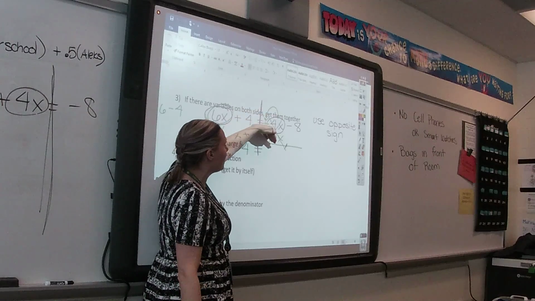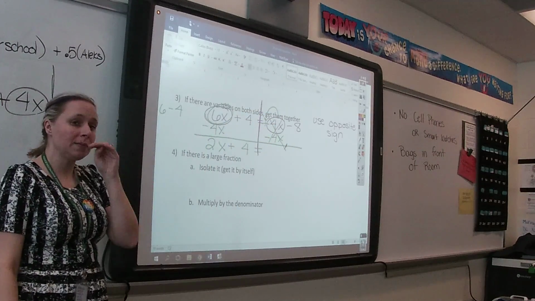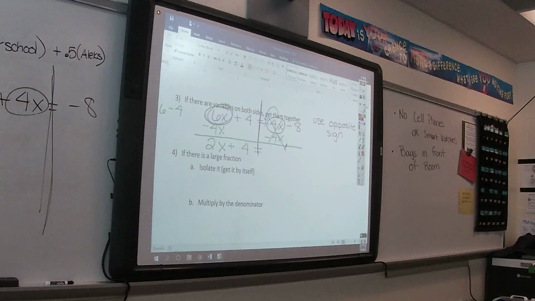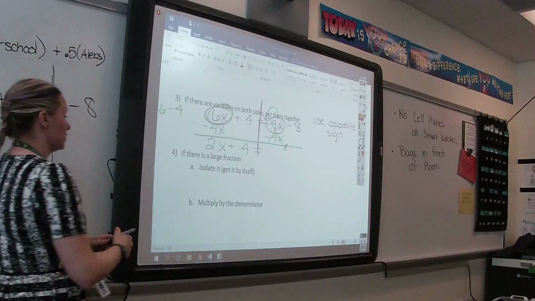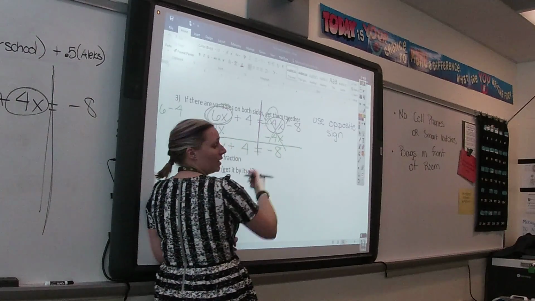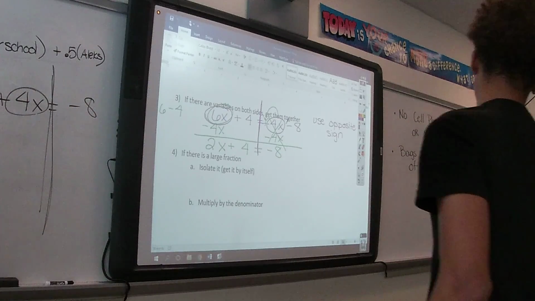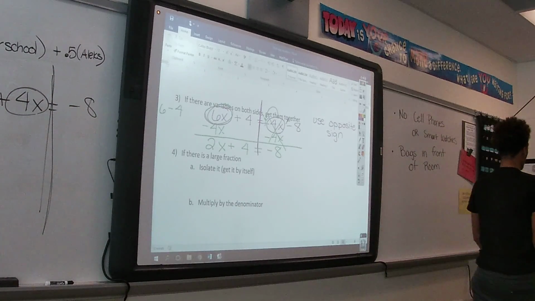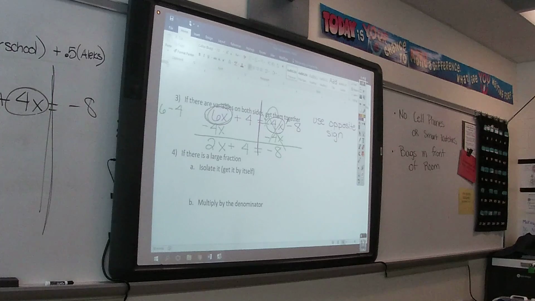These cancel. 4 minus 4 is just 0. It's gone. And then we'll bring the -8 down with it. This is a -8, so that -8 is coming down with it. Any questions there?